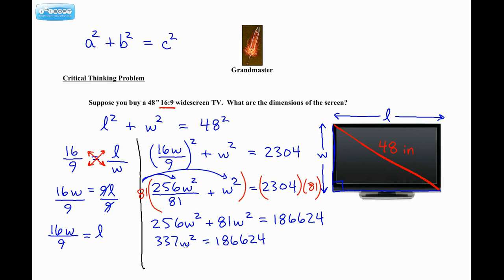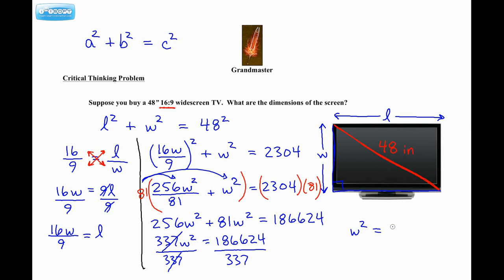Okay, keep in mind we're still trying to solve for W, so let's now divide out the 337. Okay, so these are going to cancel. And I'm just going to move over here. That's going to give me W squared is equal to, and in all likelihood we're probably going to get an ugly decimal right now.